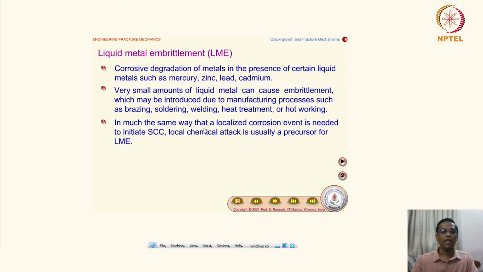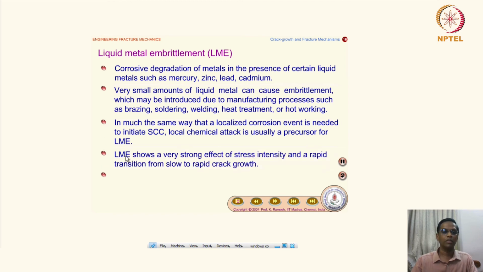In much the same way that a localized corrosion event is needed to initiate stress corrosion cracking, local chemical attack is usually a precursor for liquid metal embrittlement. Liquid metal embrittlement shows a very strong effect of stress intensity and a rapid transition from slow to rapid crack growth.